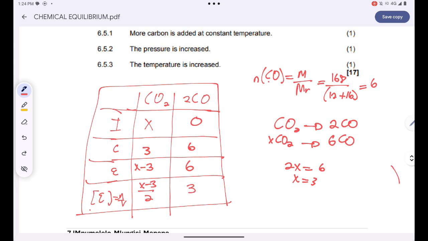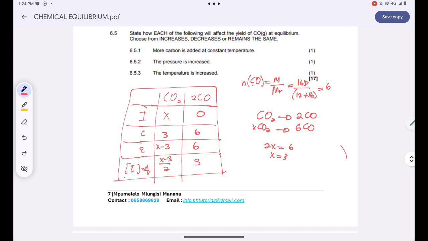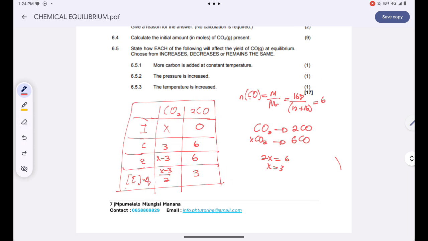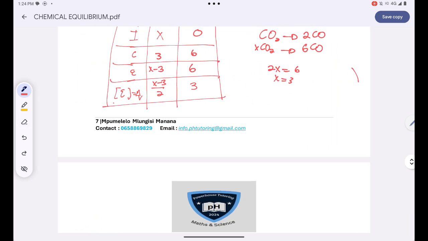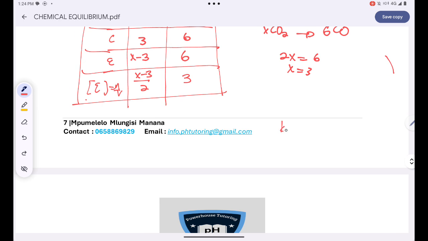So for me to know the number of moles, I just need to find the value of x. How can I find the value of x? I know that Kc is equal to the concentration of products divided by the concentration of reactants. This is equal to 14. I have 3 squared divided by x minus 3 all over 2.